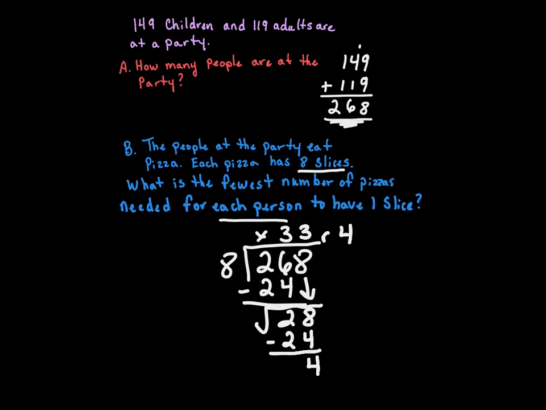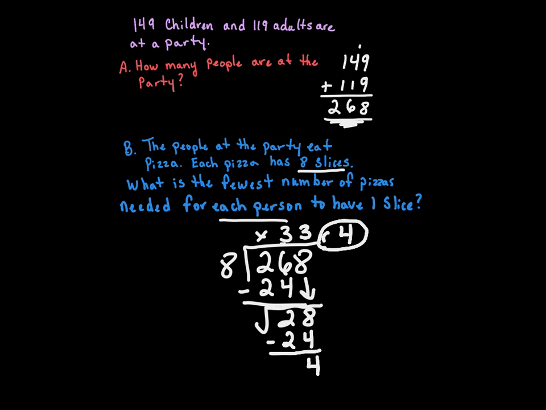But can we really have a party where 4 people are not going to get a slice? And that's kind of rude. So how many pies do we really have to order? Well, you have to make sure these 4 people get a slice.